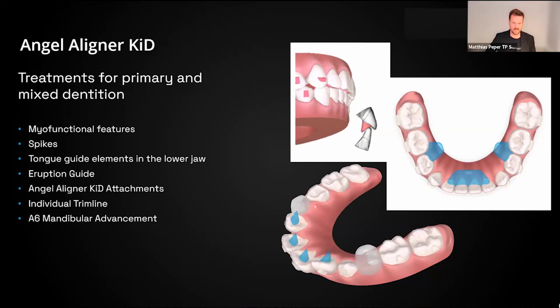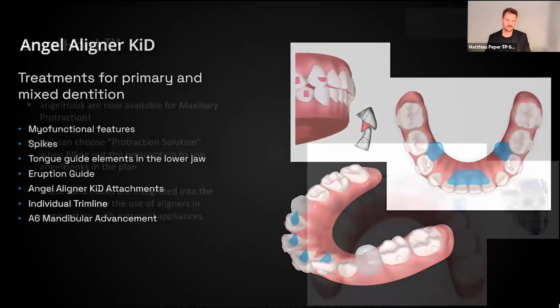And as I already explained to you, we have the A6 mandibular advancement. And yeah, so this is really a lot what we can use, especially a lot of doctors now, they're starting to use these kind of spikes for anterior open bite to not allow, again, the tongue anymore to give this pressure to the upper anteriors. So these are very, very nice features, very nice myofunctional features.